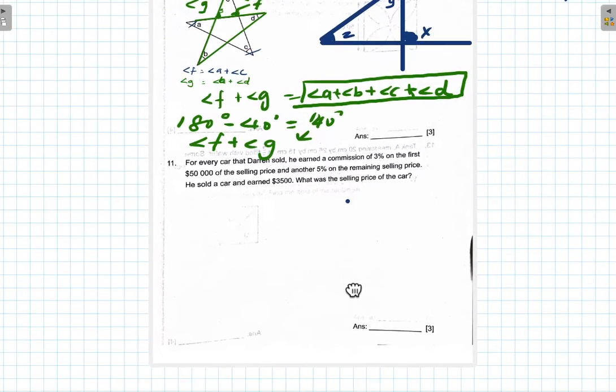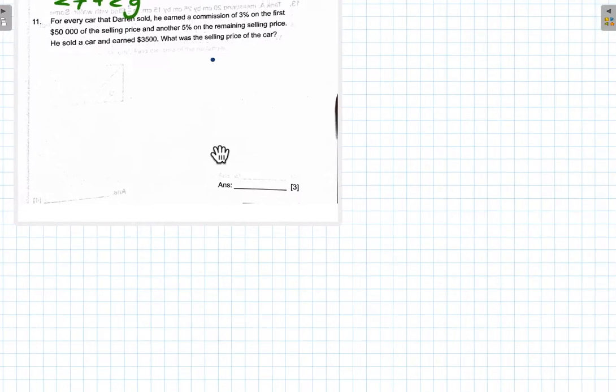Okay, let's go to the next question here. It says that for every car that Darren sold, he earned a commission of 3% for the first 50,000. Okay? So he earned a total commission of 3,500.